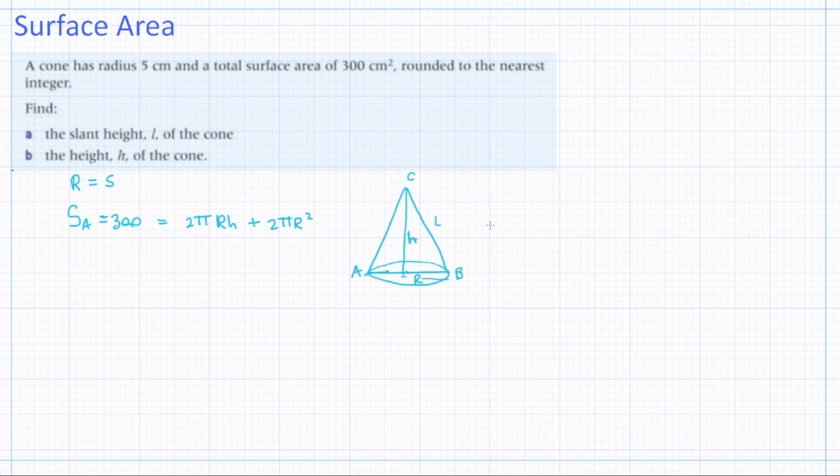Now, since we're just looking for the slant height in this first case, we could do pi times 5 times L plus pi times 5 squared. Oh yeah, this is wrong. This is pi rl plus pi r squared.